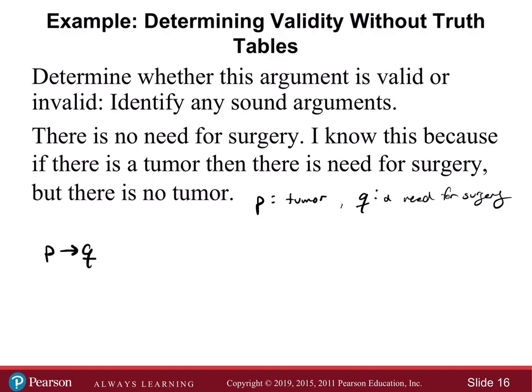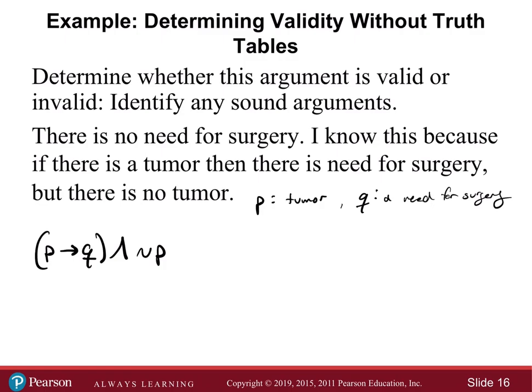But I think before we said when we see but, that's the same as and. So P implies Q and there is no tumor. So not P. Therefore not Q. So I think this one more than likely is going to be invalid, right?